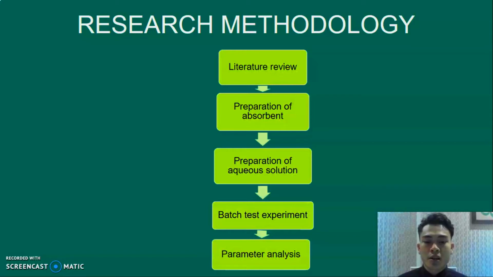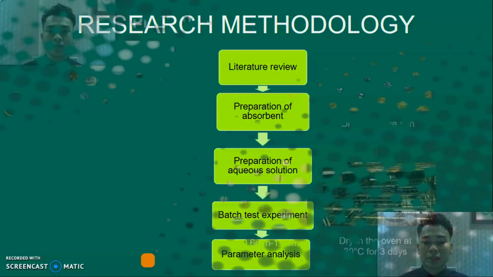Next is the batch test experiment, and the last one is parameter analysis, which has two methods, adsorption kinetics and adsorption isotherm. Adsorption kinetics contains pseudo first order and pseudo second order, and adsorption isotherm contains the Freundlich model and Langmuir model.